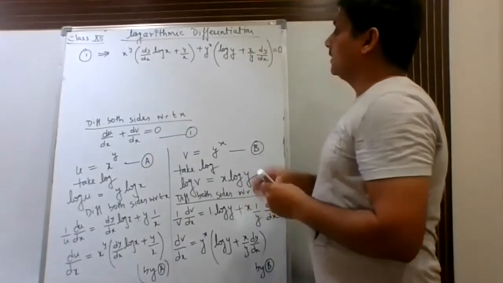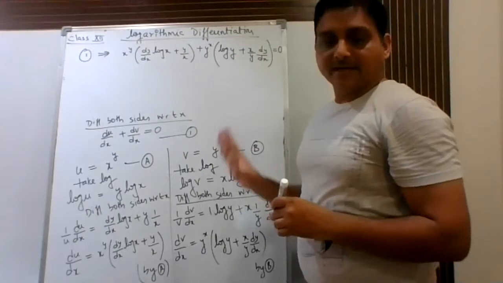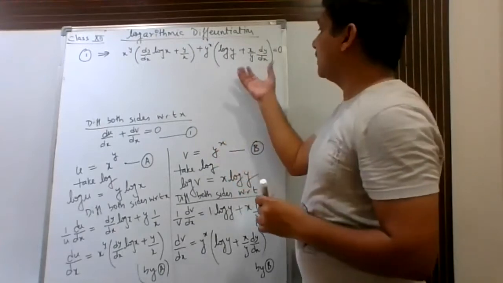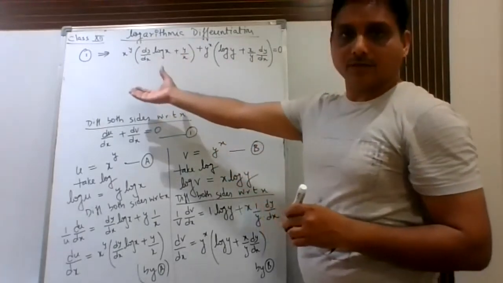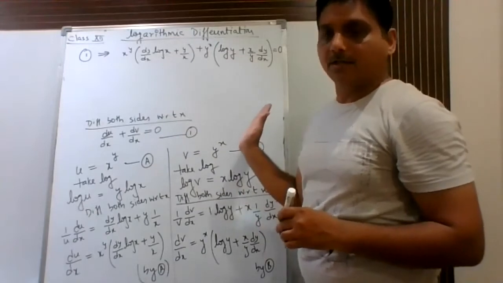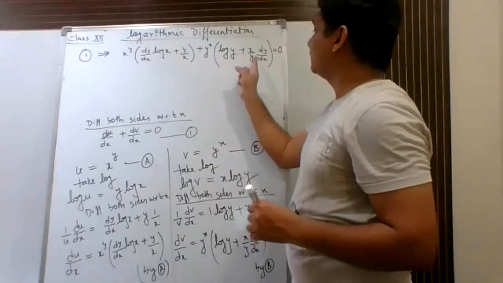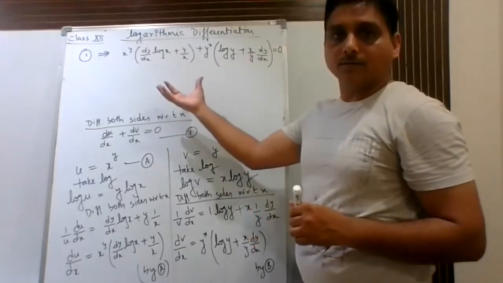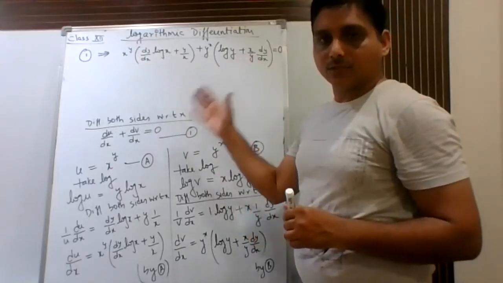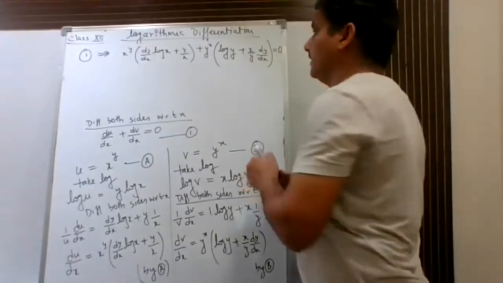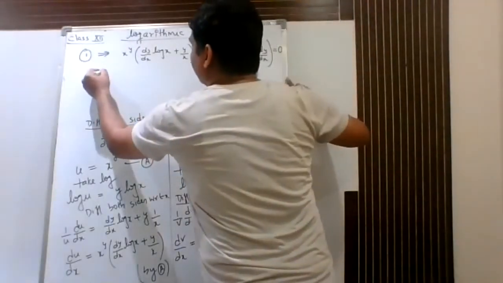Now you can see that it is an explicit function. So here you just have to club all the terms of dy upon dx on one side and remaining terms on the other side. So what we will do is, we will first multiply this and then we will try to club all the terms of dy upon dx together and the remaining terms on the other. So this is how you will proceed.